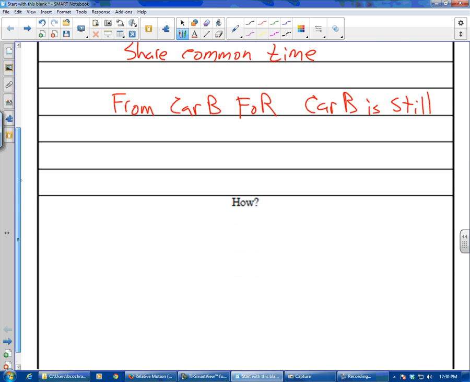The ground is moving negative. Can we say that? Ground is moving negative. And car A is moving positive.